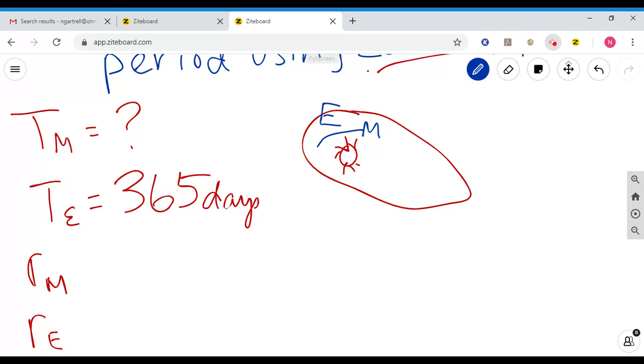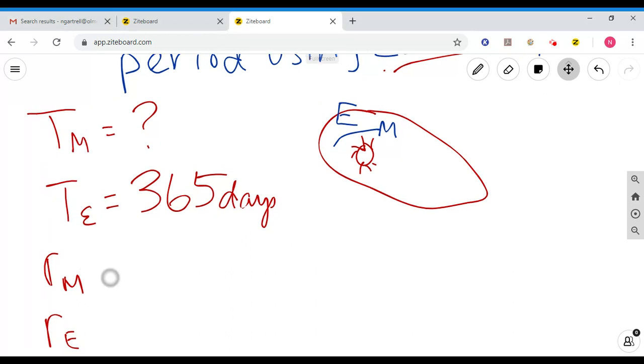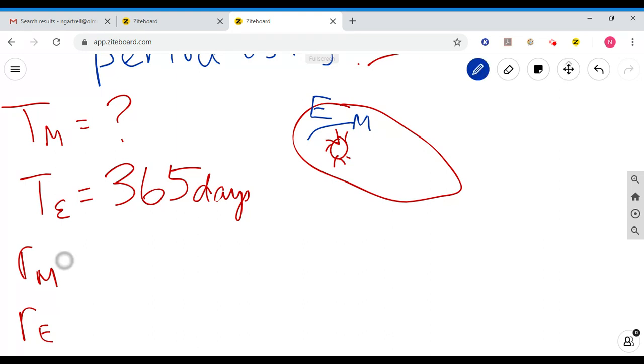Okay, if you haven't found the chart, it says Table 8-1, Planetary Data. And it looks like this. We are going to use the third column, the one that says mean distance from the sun, because we're talking about how far away these planets are from the sun.